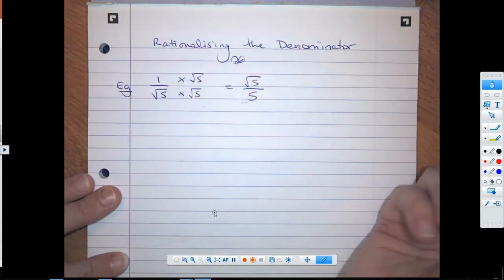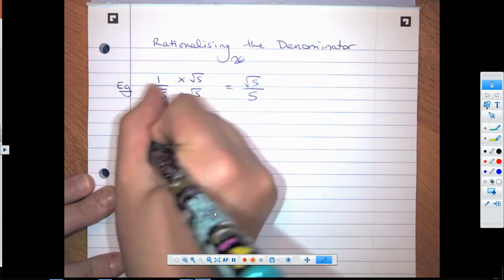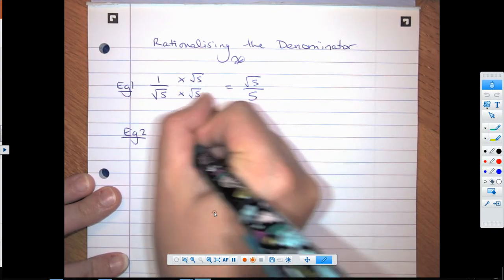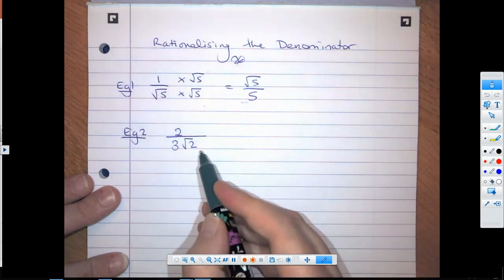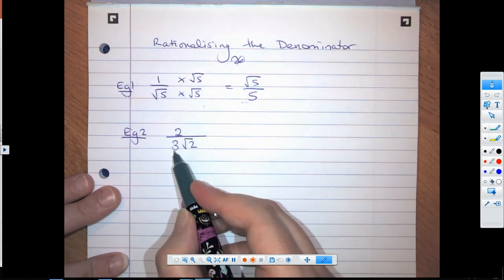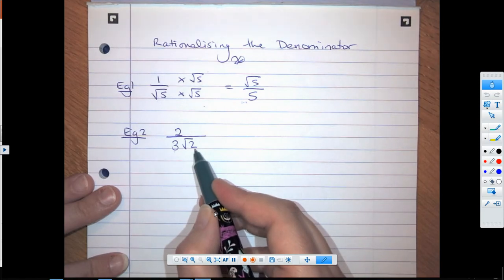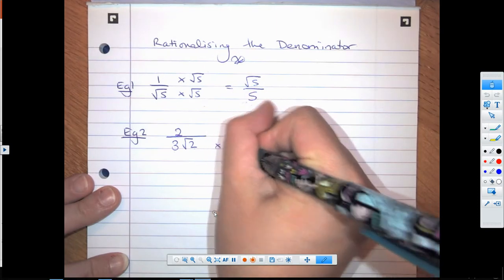I took you a little bit further, and I said that we could have an example like this, where maybe we had 2 over 3 root 2, okay? So in this case, I'm not going to multiply by 3 root 2. I only need to worry about the surd and rationalizing it. So I'll make it easier for myself, and I multiply by root 2.